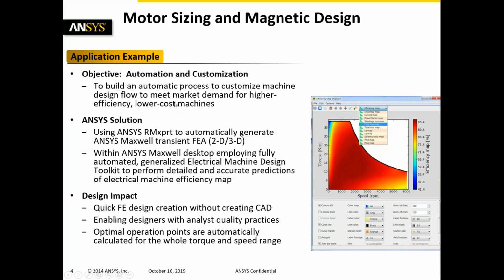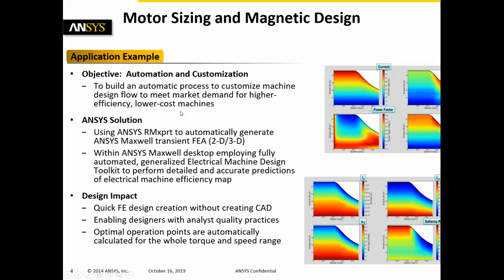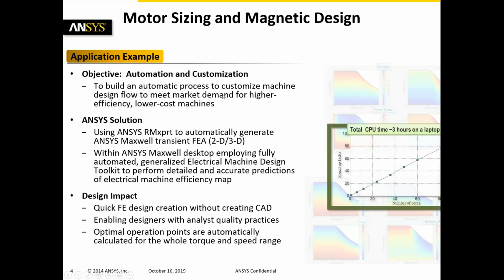So this will be the efficiency map display. We can take a look at the current, the power factor. Total CPU time is about 3 hours on a laptop.